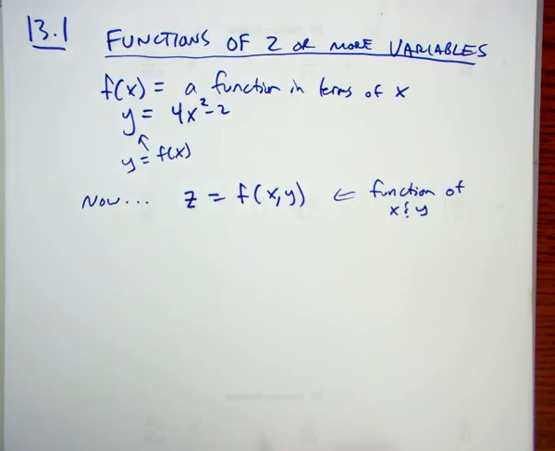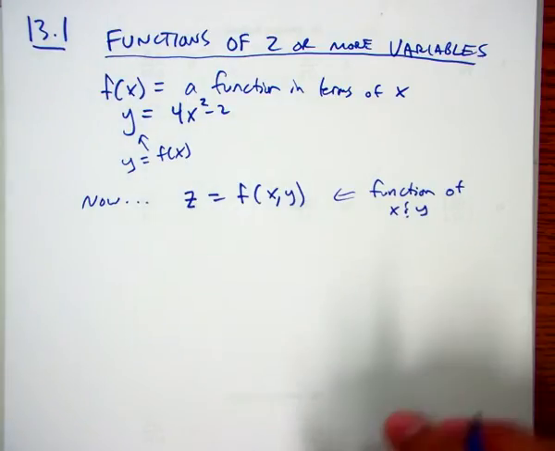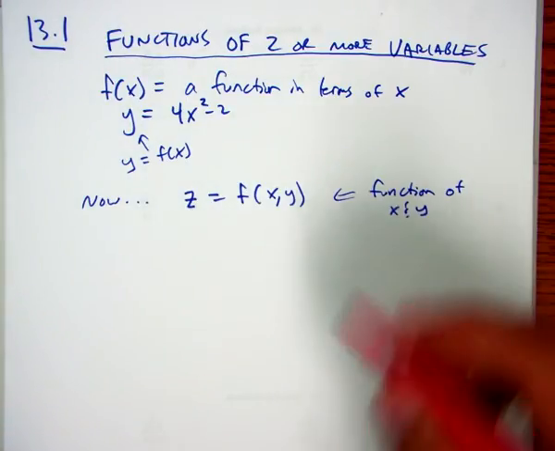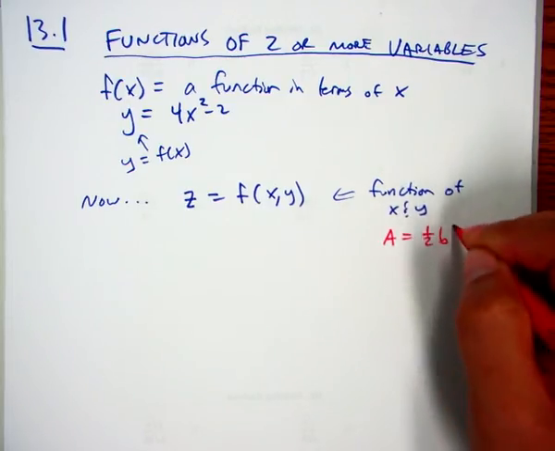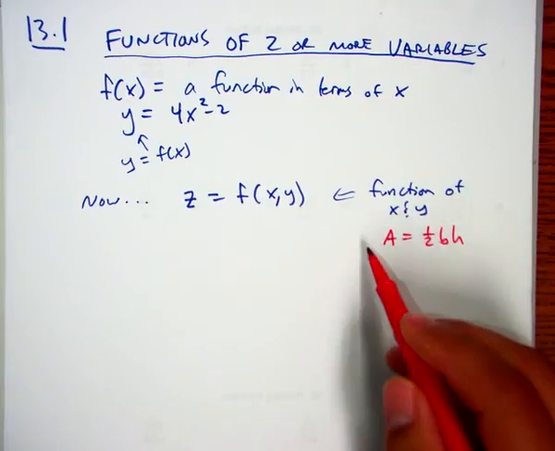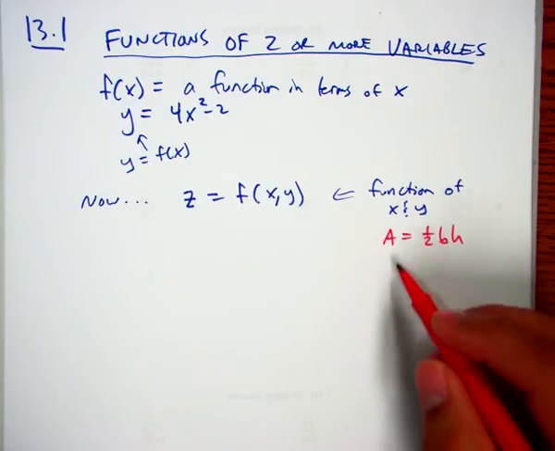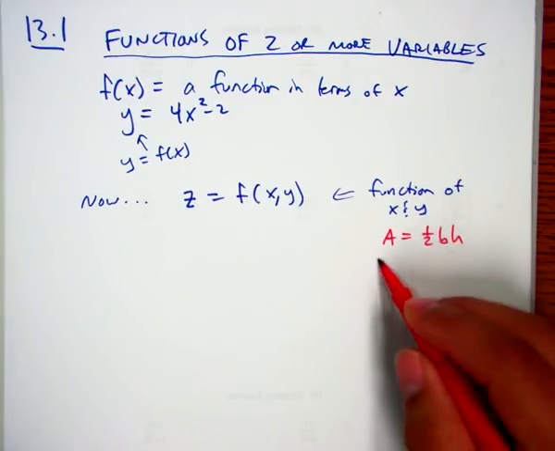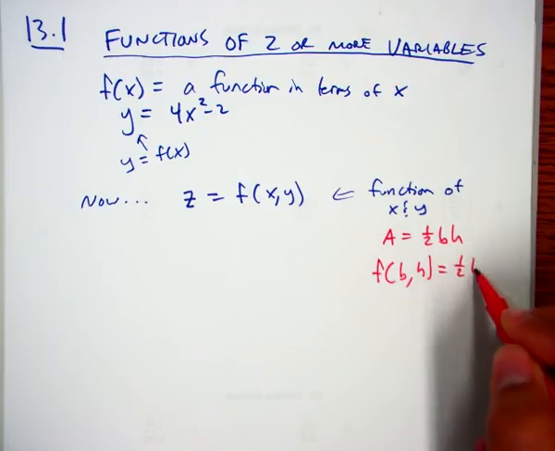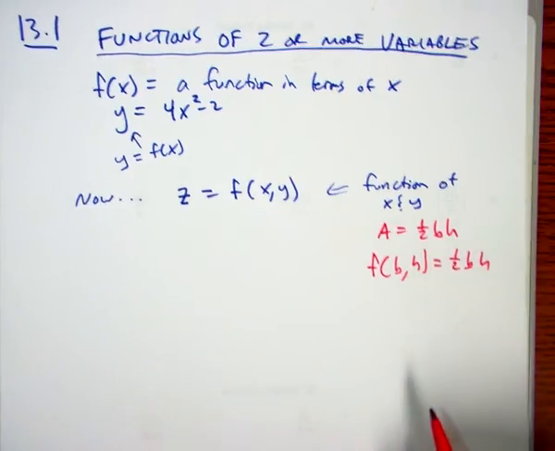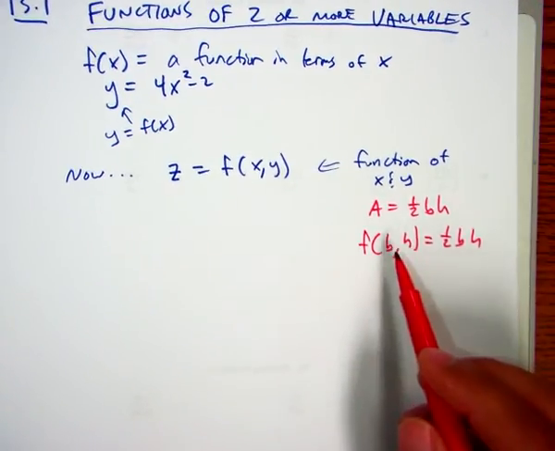You probably just never wrote it this way. But for instance, if you think back to area equals half base height, this is a function in two variables. So you could have written it as f of b comma h equals half times base times height. So you've dealt with these before, you probably just haven't used the notation.